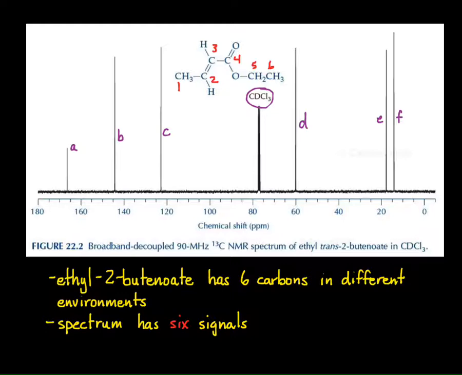Now the question is, well, can we go a step further, and can we pinpoint which signal corresponds to the appropriate carbon? And for many cases, we can do that. And the way that we can do that is by examining what's called the chemical shift.